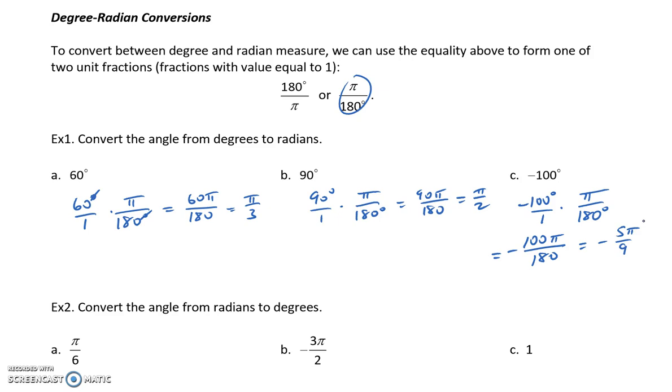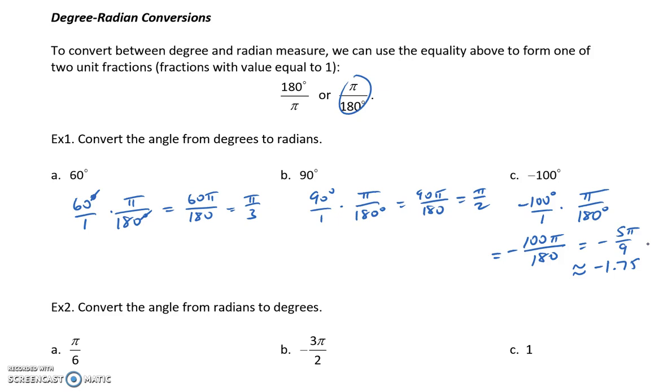This could also, of course, be approximated if an approximation would be useful. So let's just show what the approximate value would be using a calculator, about negative 1.75. And that would be negative 1.75 radians, but we don't have to use radians as a symbol or anything. We just understand, because there is no unit symbol, that it's radian measure.